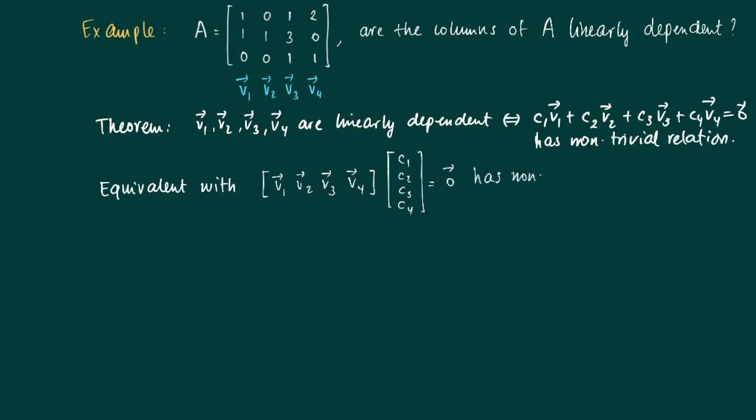So here we have a homogeneous system which should have a non-zero solution. So basically, since these columns constitute matrix A, this is equivalent with stating that Ac equaling the 0 vector has a non-zero solution.